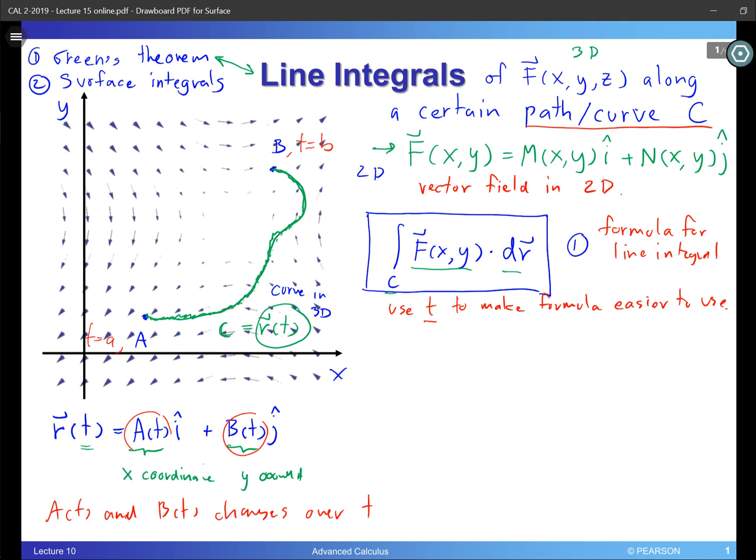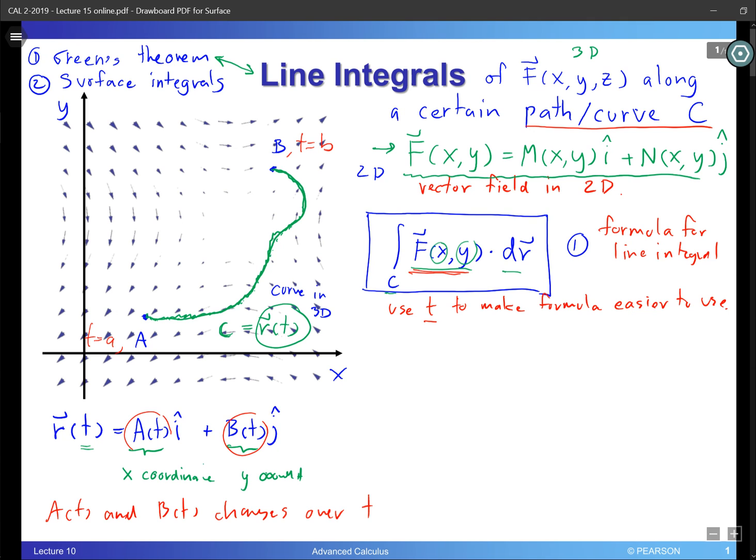The only thing that doesn't depend on t is f. At this point, f still depends on x and y. So we are going to do something to change this f of x, y to depend on t. Up here we have this f of x, y.